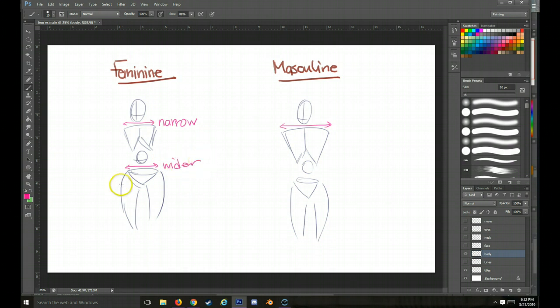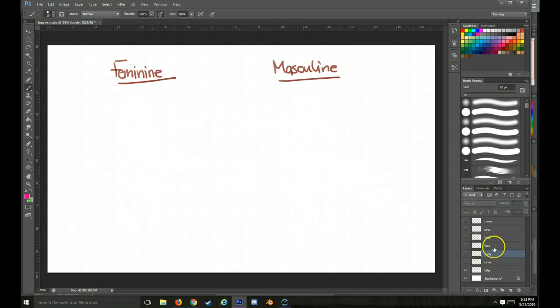It's going to be opposite in a more masculine character. The shoulders are going to be more broad, and the pelvis is going to be more narrow. And this will really help your character read quickly as more masculine or more feminine, using just these small features.